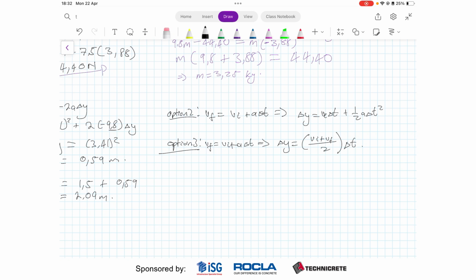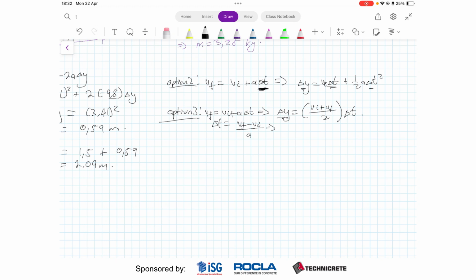Okay, where here you find delta t, which is Vf minus Vi over a, and then you substitute into delta y to find delta y. Similarly, you also find delta t here and substitute into delta y there to find delta y.